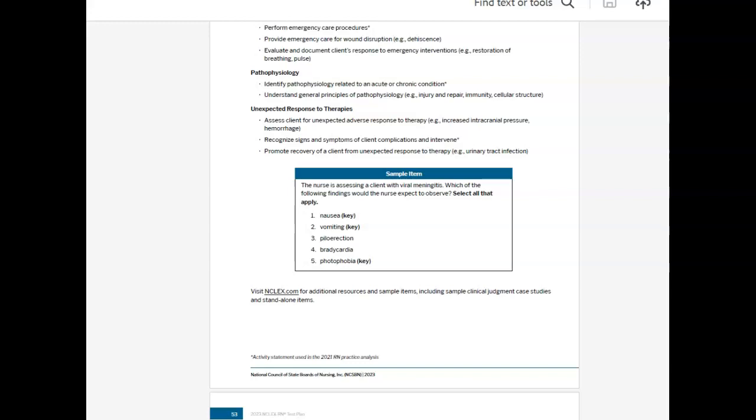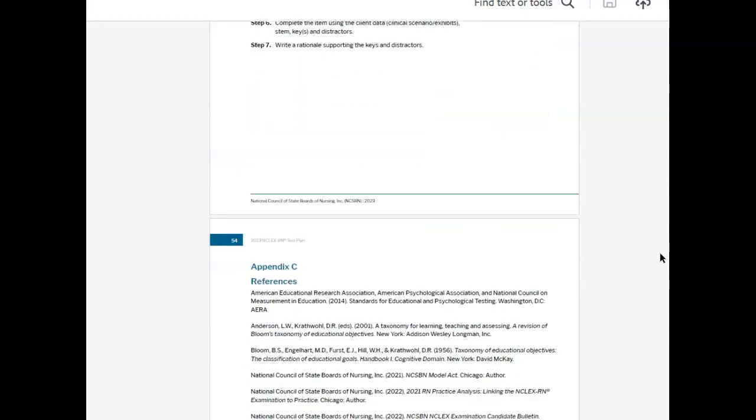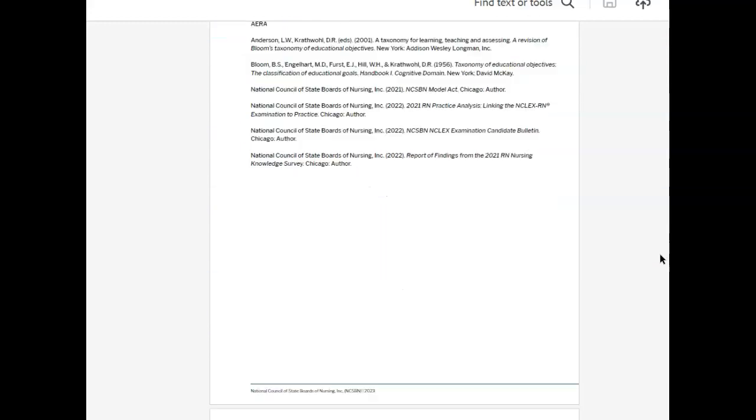Which of the following findings would the nurse expect to observe? Select all that apply. So with viral meningitis, you're going to have nausea, vomiting, and photophobia. So those are the symptoms related to viral meningitis, which are different than bacterial meningitis. It's good to know the difference between those two.